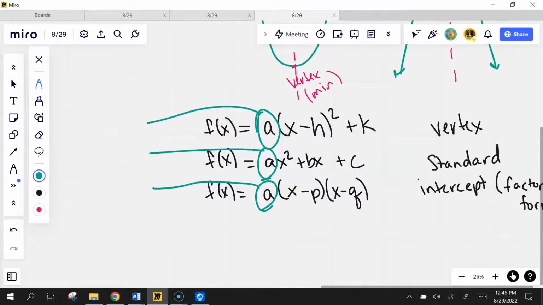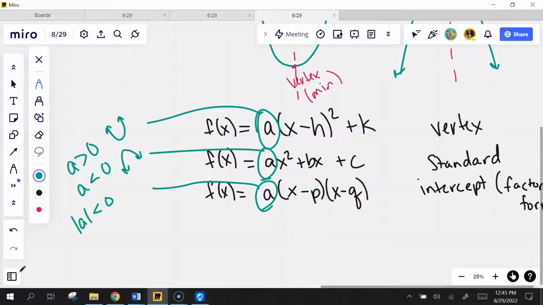Stretches or shrinking? If A is positive, I'm opening up. If A is negative, I'm opening down. And then as the absolute value of A gets smaller, which one? You actually could be right with either one.